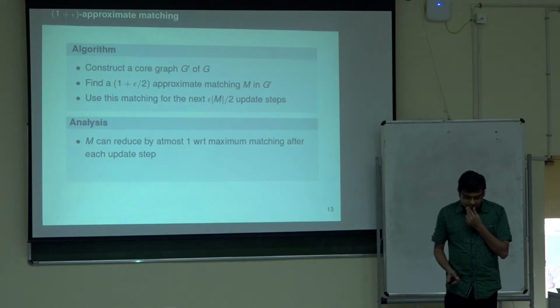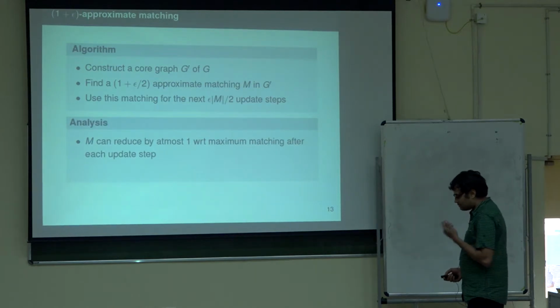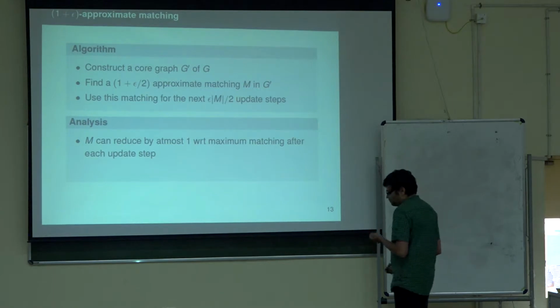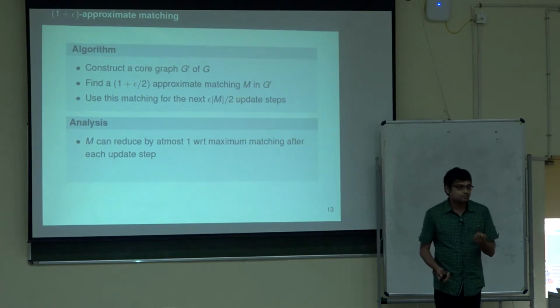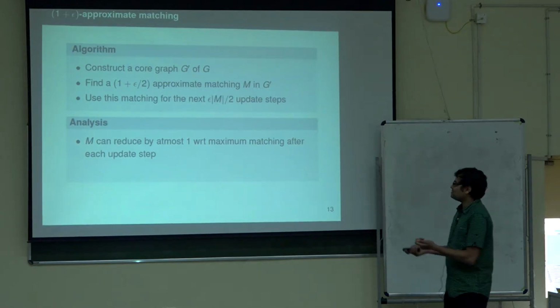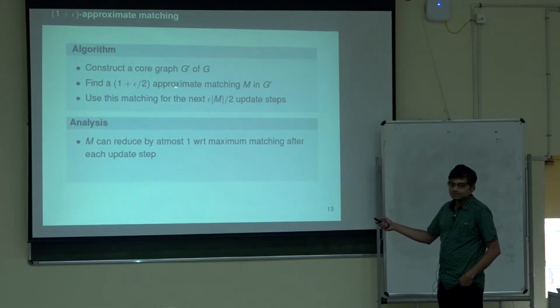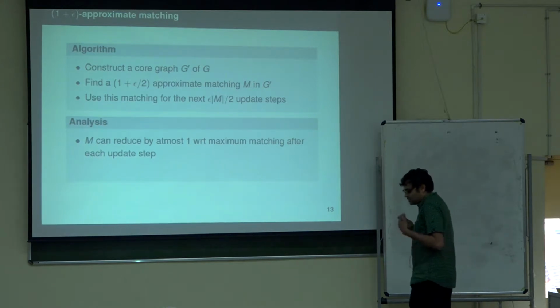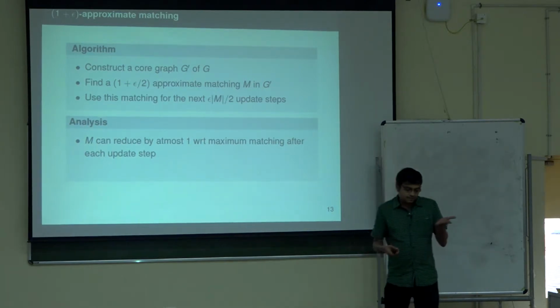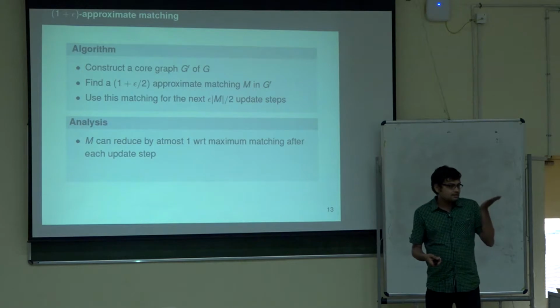So what about the analysis? What you have to show is that at each update step, the size of your matching is (1 + epsilon) approximate. Well, at this particular update step, whenever you calculated this approximate matching, your matching is (1 + epsilon/2) approximate. Now since you are doing nothing, the size of the maximum matching can increase, but by at most 1 at each update step.